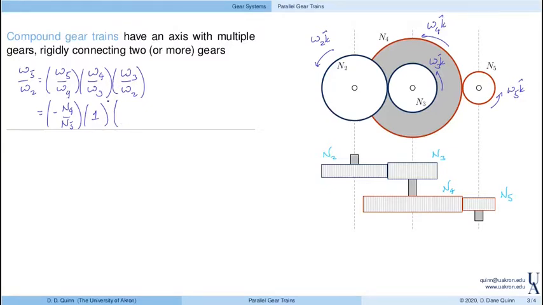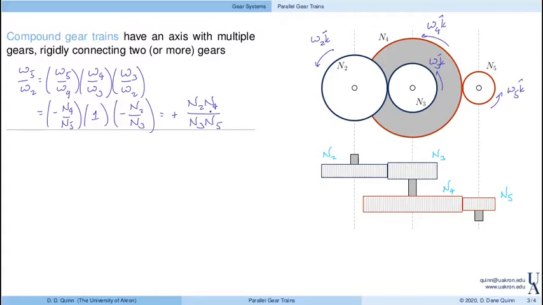And then finally, 2 and 3, minus N2 divided by N3. So putting this all together, we see that this is plus N2 times N4 divided by N3 times N5. And this becomes the overall gear ratio.